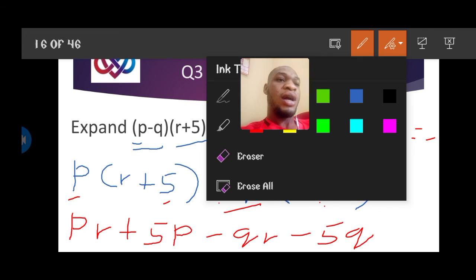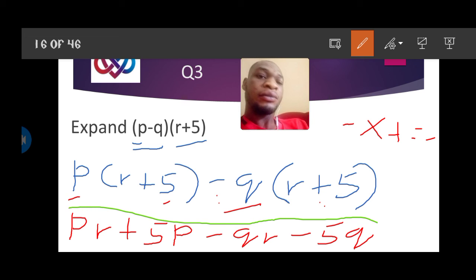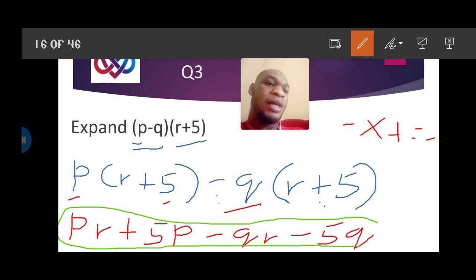So our answer is still going to remain the expression we have. So the expanded form of this problem is this, nothing more than that.